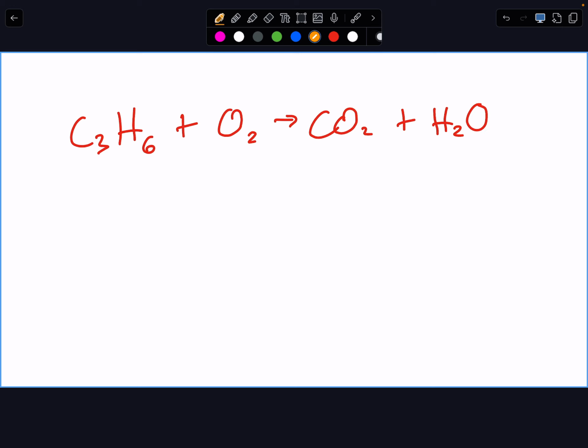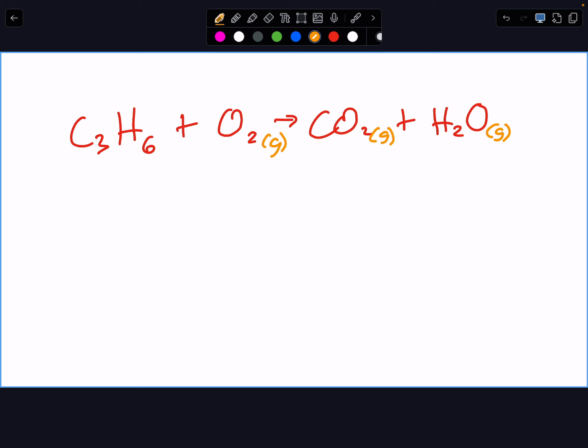I'm going to balance it quickly to save time. You know the idea. I don't feel like balancing it right now. And obviously this is all gas because it's combustion and I have heat.